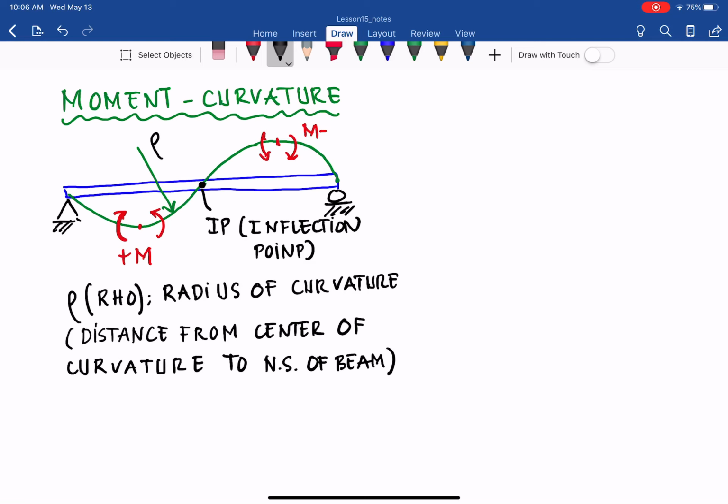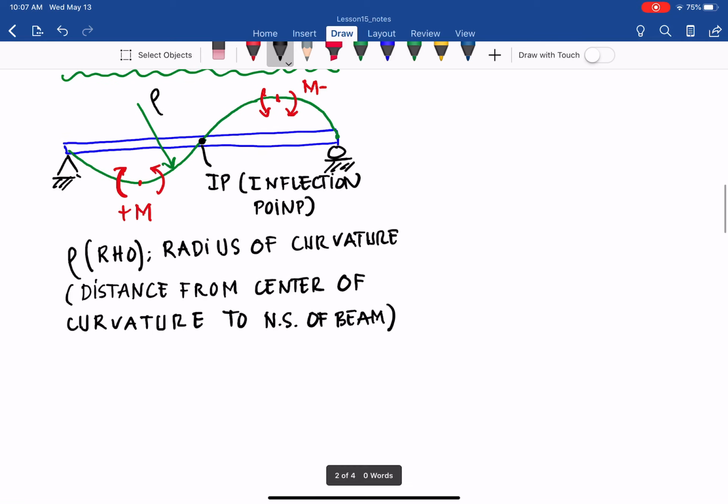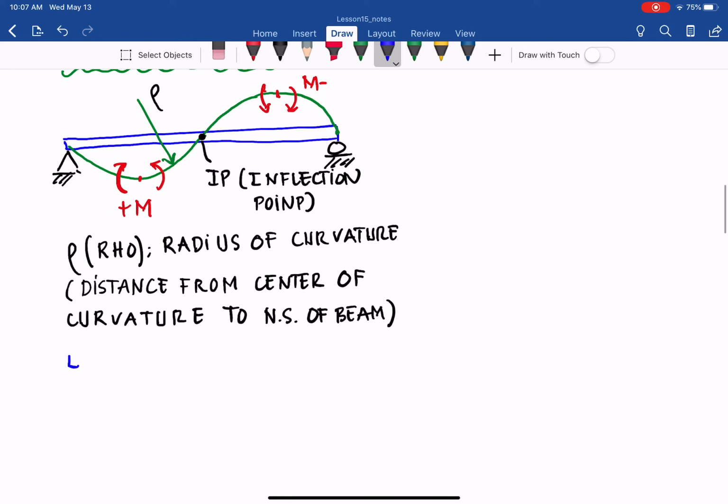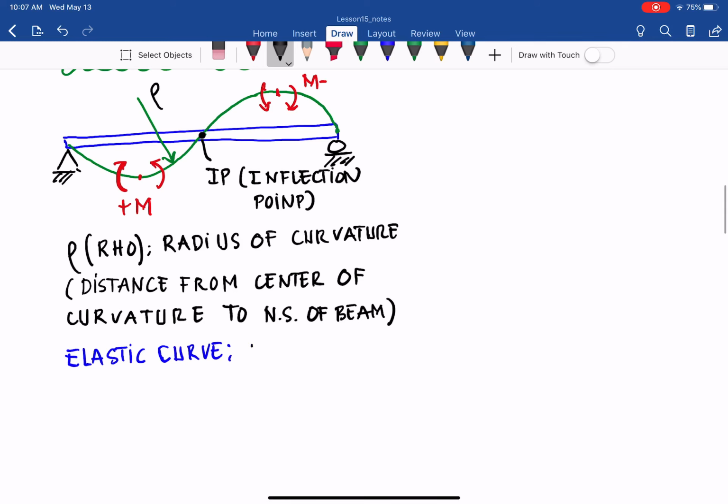And we define the elastic curve. What is the elastic curve? It basically is the deflected shape of the neutral surface. By definition, it is the deflected shape of the neutral surface.